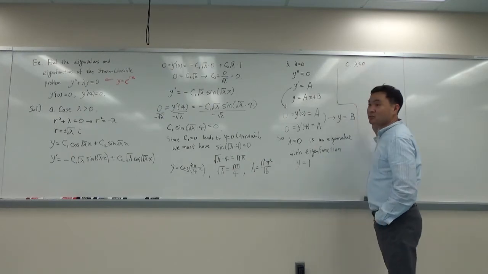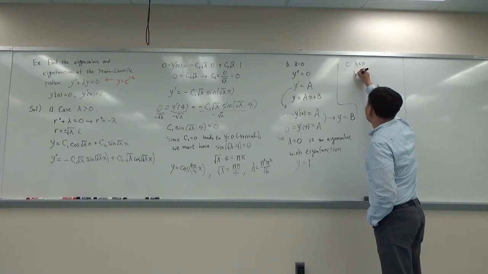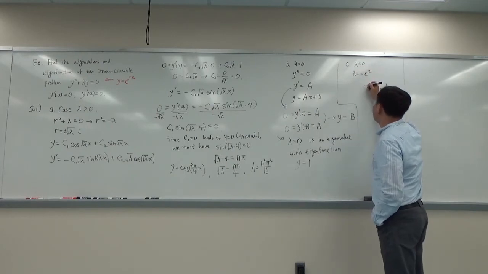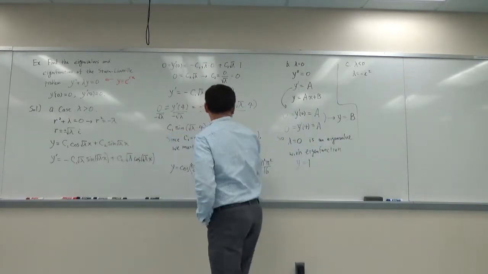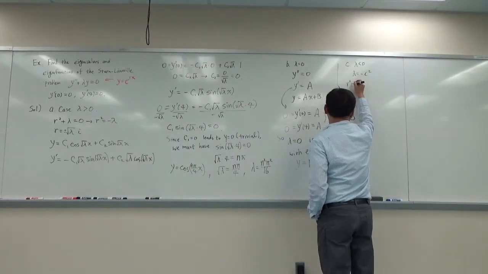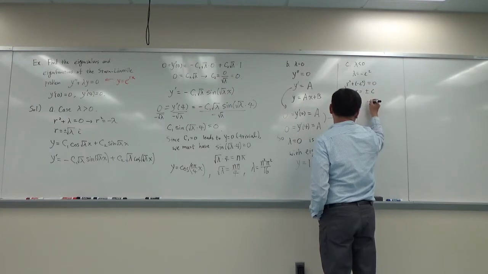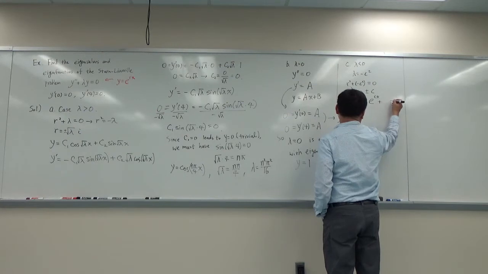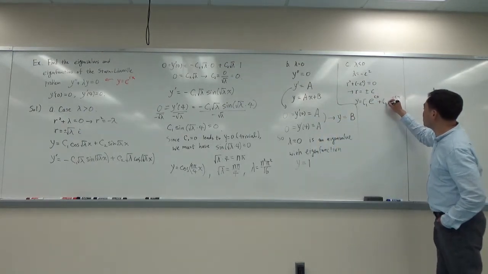If lambda is less than 0, you can call that some negative c squared, and then this equation here, r squared plus lambda, which is r squared minus c squared, equals 0, so that you get r as plus or minus c, which gives you y equals e to the cx and e to the negative cx as the two solutions, and you put c1, c2.